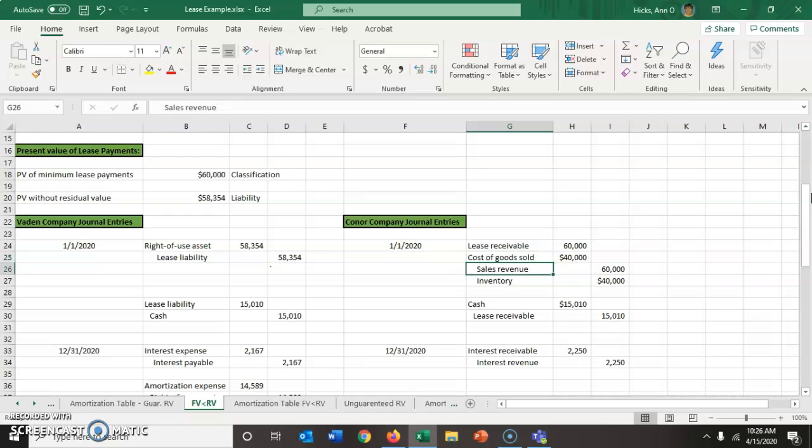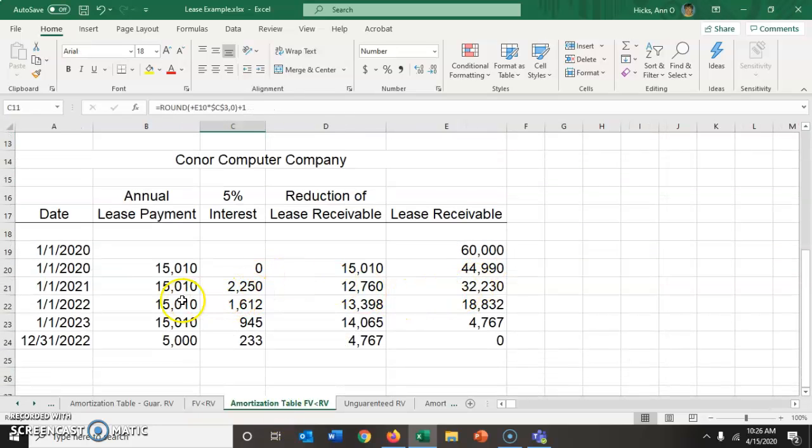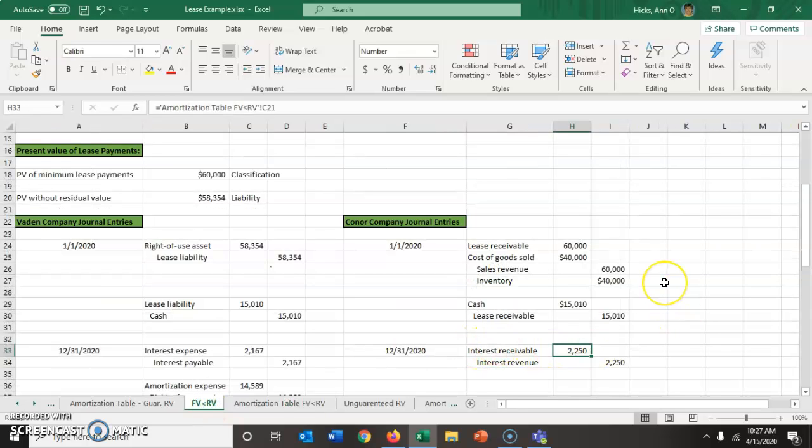Debiting cost of goods sold, crediting revenue, etc. The first payment, recording interest receivable at the end of the year, and again, that amount will come from the amortization table I created, and those numbers are no different than in the previous example, because either way, for Connor Company, they're going to get $5,000 in assets back at the end of the life of the lease.